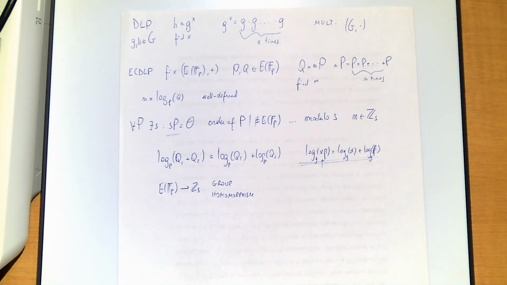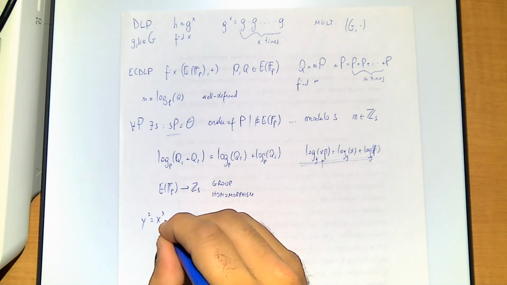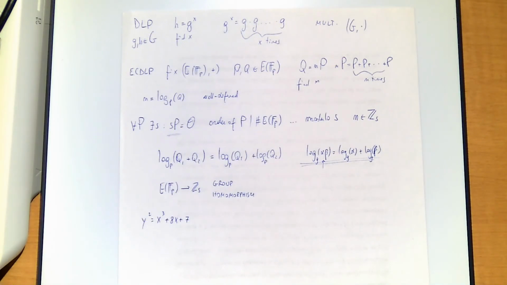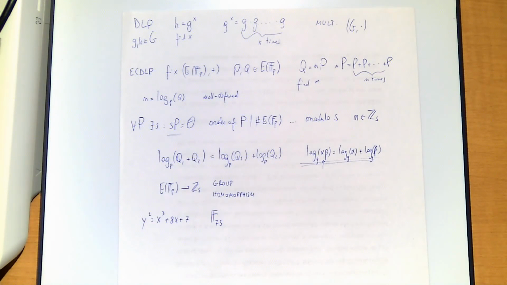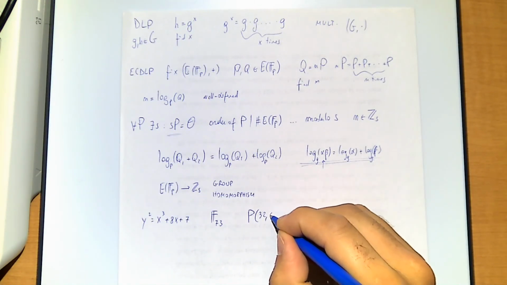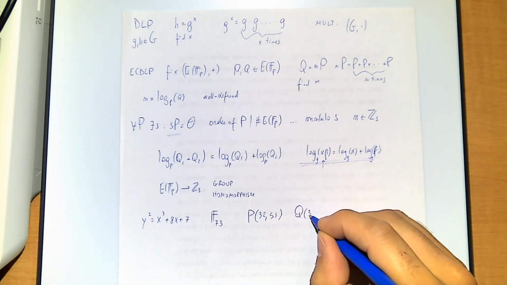Let's just for fun look at an example of a discrete logarithm problem with the same curve that we had before, y squared equals x cubed plus 8x plus 7. You know, we don't like to do numerical examples, but it is certainly sometimes useful to just put things into place. Let's consider a non-trivial field like F_73. 73 is certainly a prime, and let's consider the two points P equal to (32, 53), and Q equal to (39, 17).